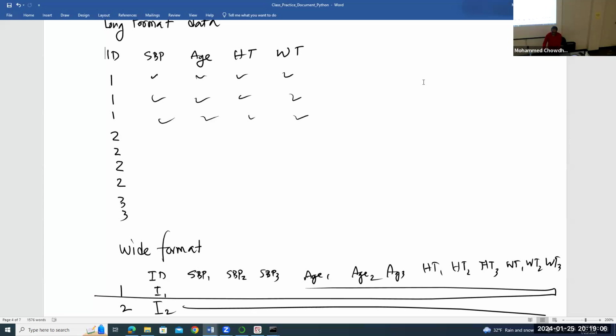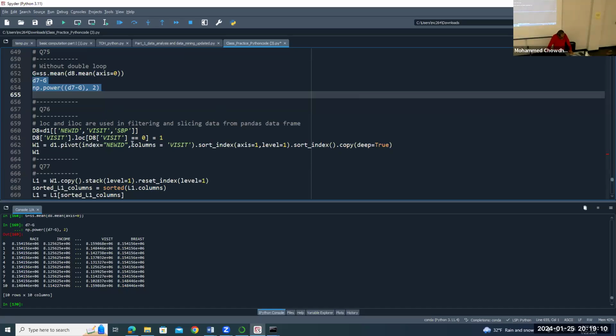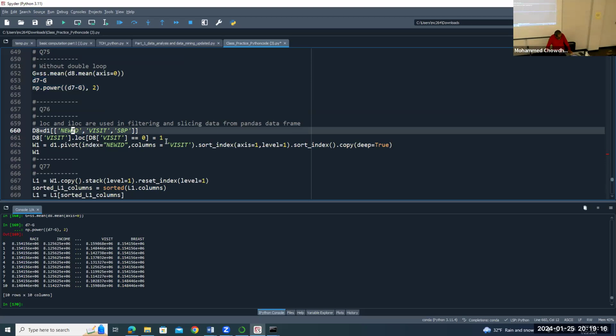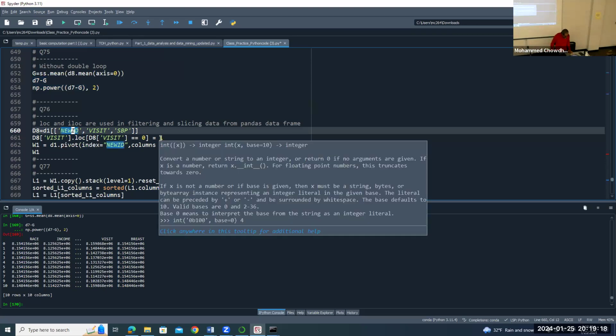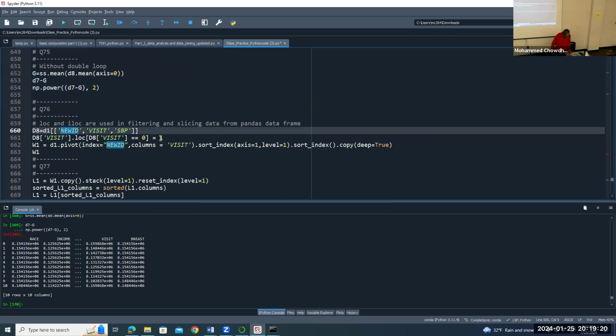Okay, now in the next 2 lines of code, we are going to discuss how to transfer long format data to wide format data. Here is the new ID. D1 data does not have the new ID, it just has the ID.